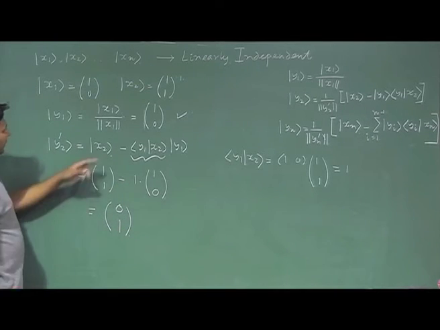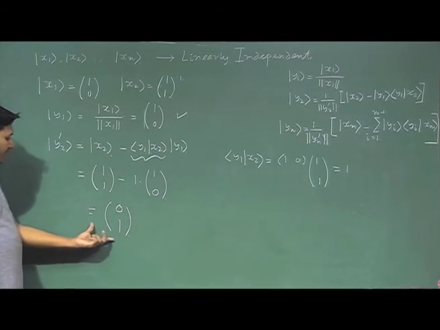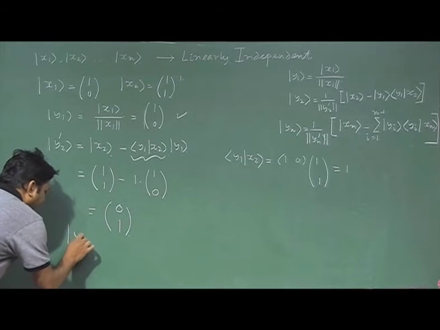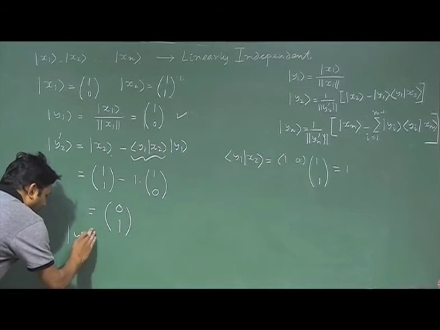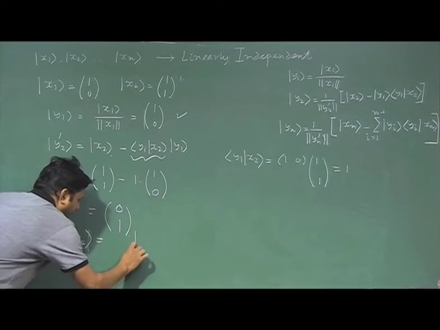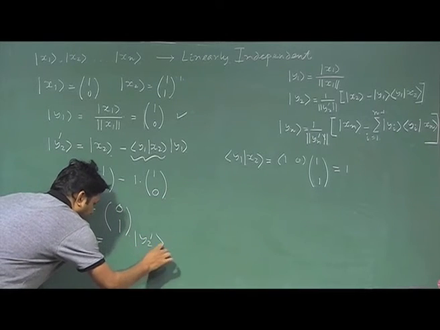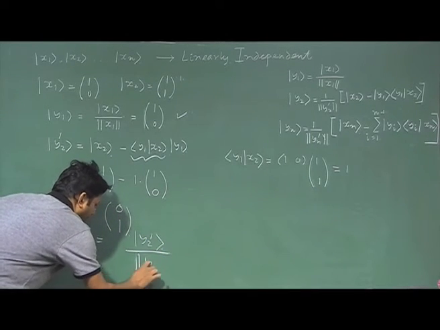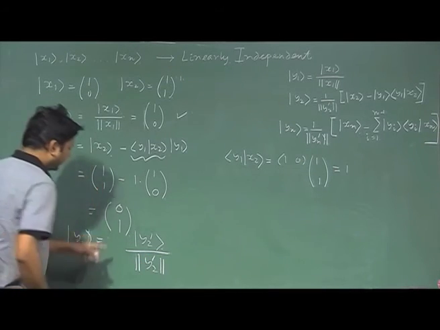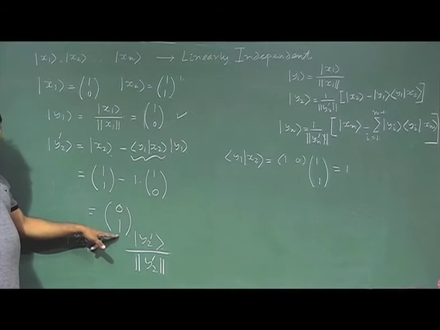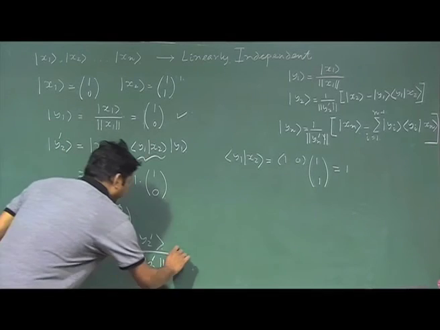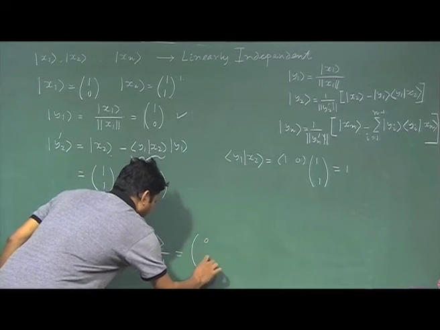So y2 prime is (0, 1), and y2 is y2 prime divided by its mod, but here the mod is 1 automatically. So I have simply (0, 1).